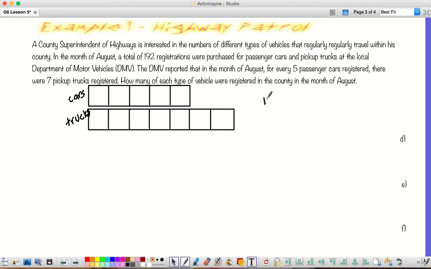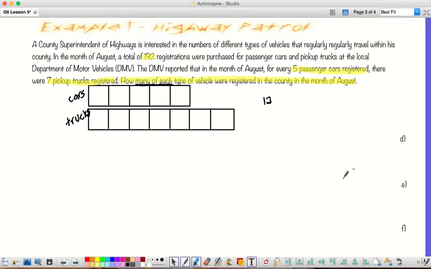We know that there are 12 total right now, right in here. And we know that our overall total would be the 192. We're working with the 5 passenger, 7 pickup trucks. And we want to know how many of each type of vehicle were registered in the county in the month of August. So how many of each?